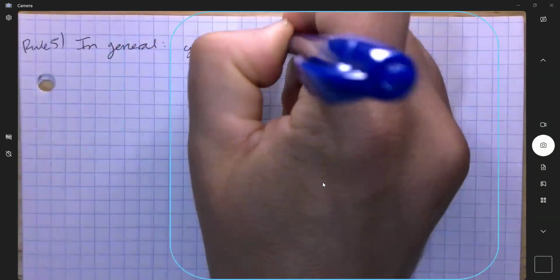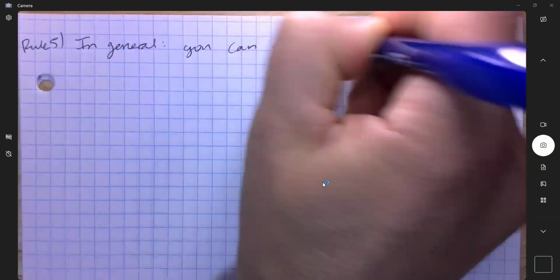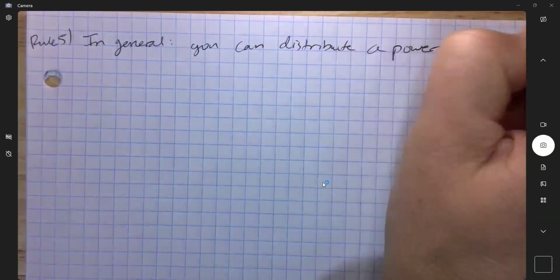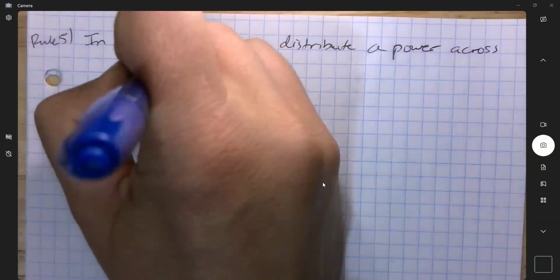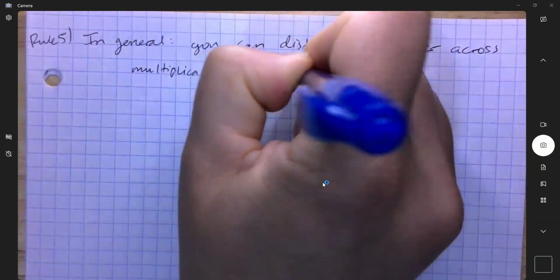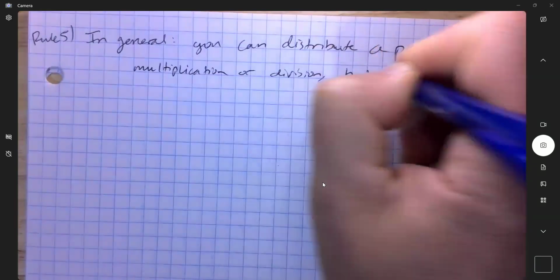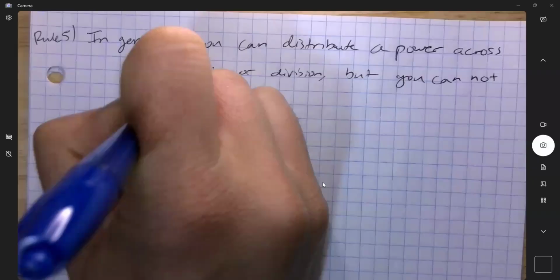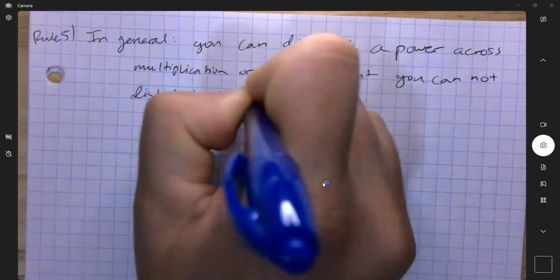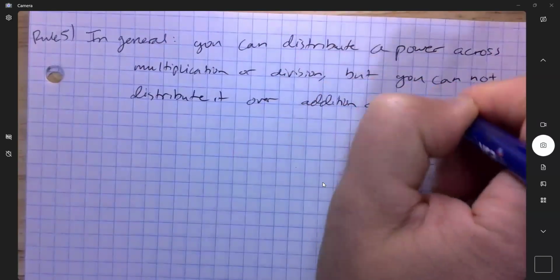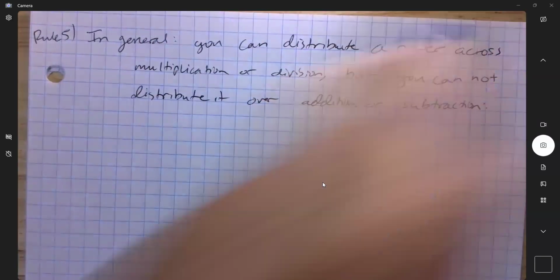In general, you can distribute a power or an exponent across multiplication or division, but you cannot distribute it over addition or subtraction. And so let me show you what I mean by that.